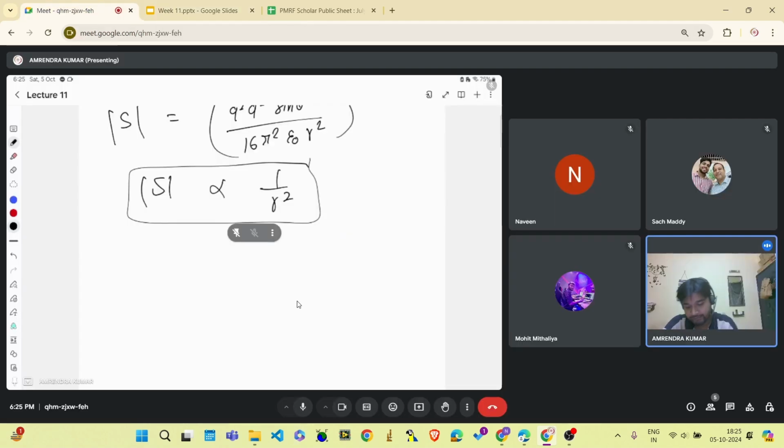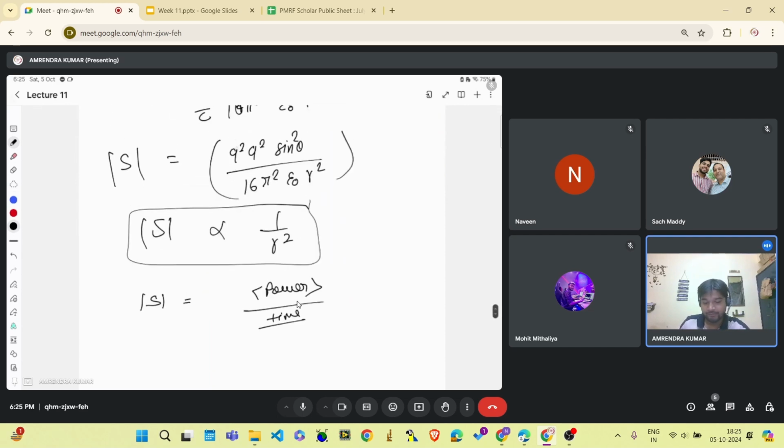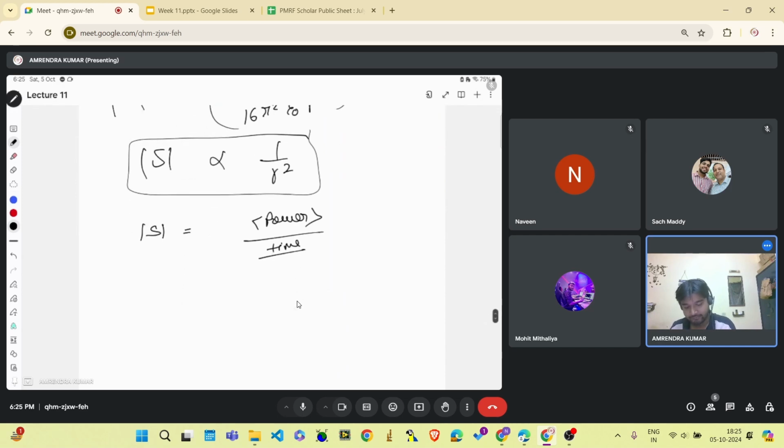So we can see that this S is the power per unit time. So this means this Poynting vector tells us how much power is flowing in the system per unit time. So we can see that it's proportional to Q square.